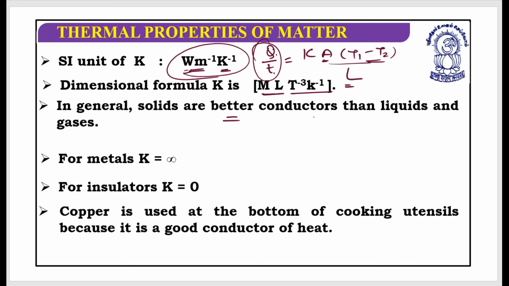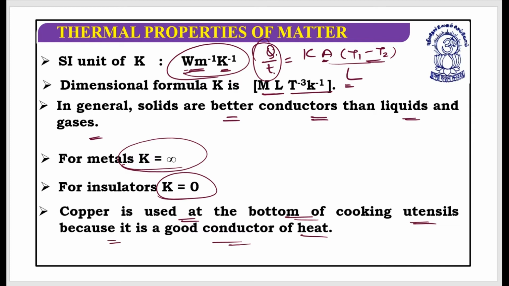In general situations, solids are better conductors than liquids and gases. For metals, K is very large, and for insulators, K is equal to 0. Copper is used at the bottom of cooking utensils because it is a good conductor and can transfer heat energy very effectively in almost no time.